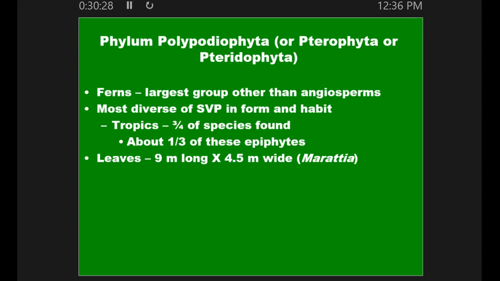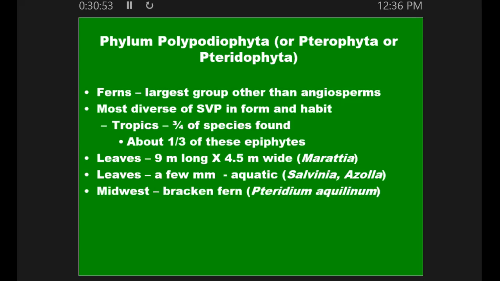I've never seen one myself with the naked eye, up close. Mauritia, that genus. Tree ferns, if you've seen them, can get humongous leaves. And that goes all the way down to some aquatic ferns that have tiny little petite leaves. Azolla and Salvinia, which I think you looked at in lab, have tiny, tiny leaves, but they're true ferns.